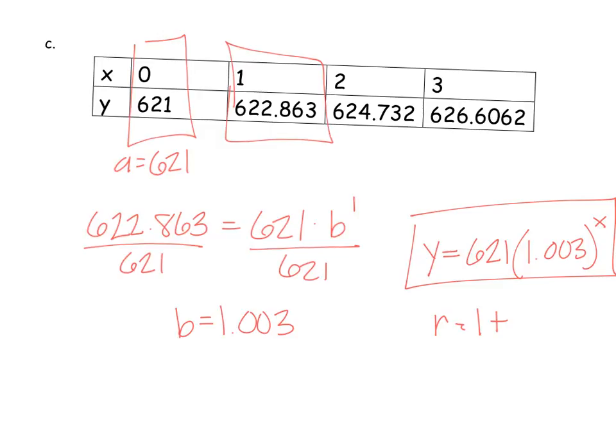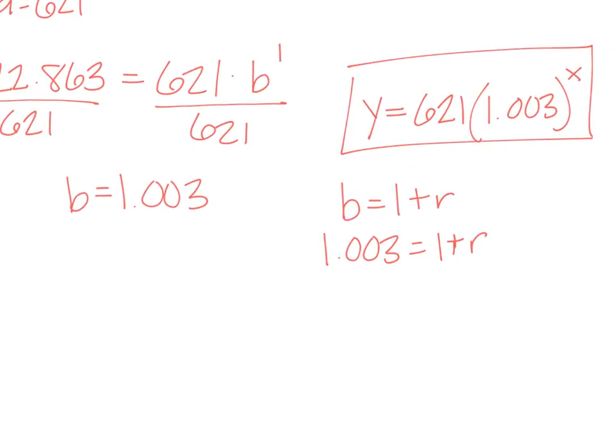Alright, so I want b equals 1 plus r. Okay, so my b is 1.003 equals 1 plus r. And then minus 1, so my r equals 0.003.